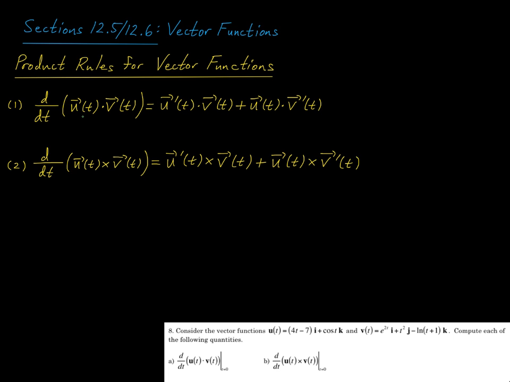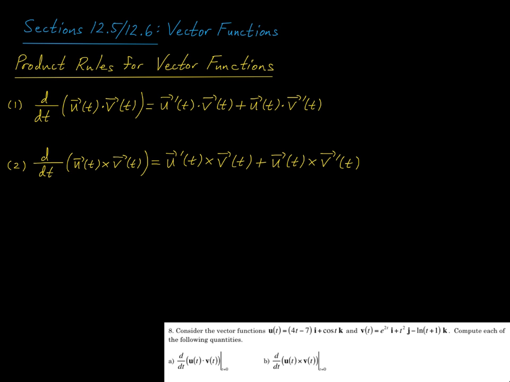The derivative of the dot product of two vector functions u and v can be computed as follows: u prime of t dotted with v of t plus u of t dotted with v prime of t. And likewise for cross product, u prime of t cross v of t plus u of t cross v prime of t is the derivative of the cross product of u and v.